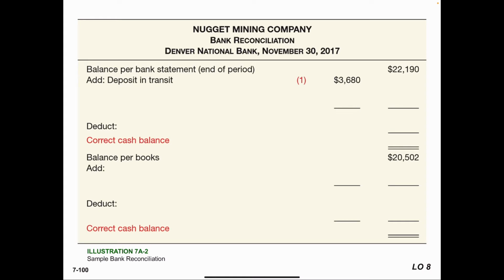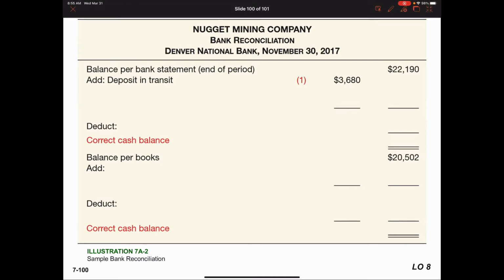When the firm mailed the deposit, the amount was recorded in the book as cash inflow. In other words, the firm debited cash with a journal entry, but there's nothing updated in the bank statement on November 30th.